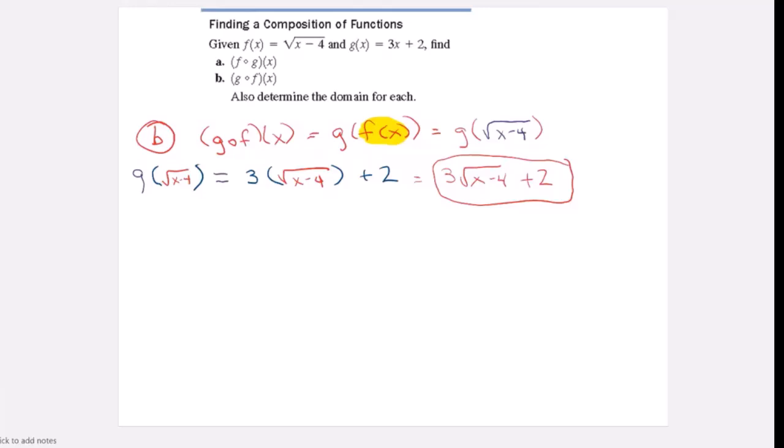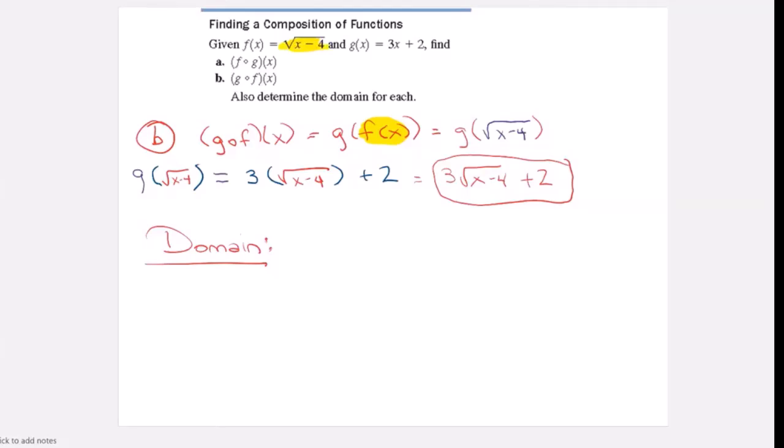So now I found my composition. I have to think about my domain. So remember, the first thing it's going to do is go through my f function, which is now this function.